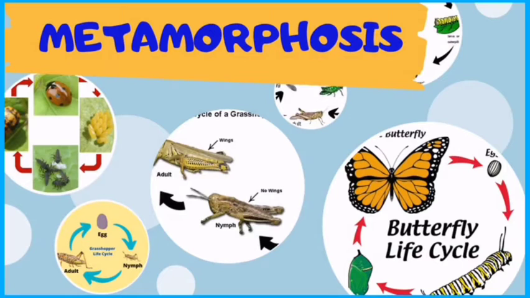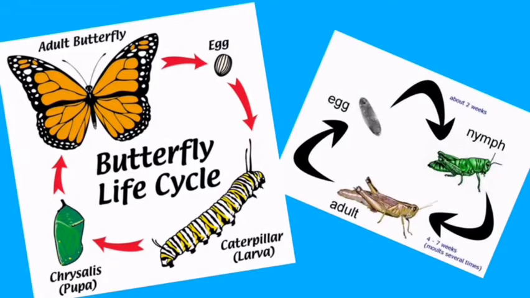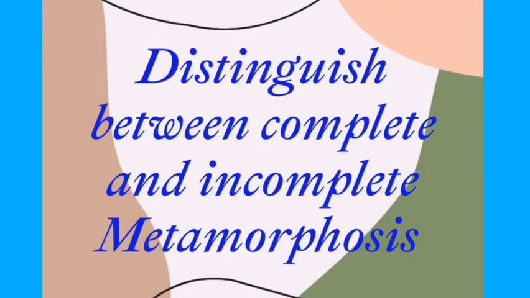Metamorphosis sounds familiar. All living things undergo growth and changes through their life, as that is what a life cycle is all about. In the science of life, the striking change of form or structure in an individual after hatching or birth is what we call metamorphosis. So in this video, we will distinguish between complete and incomplete metamorphosis.